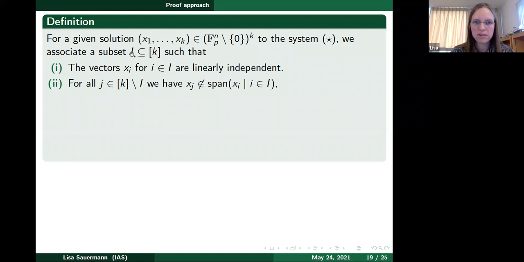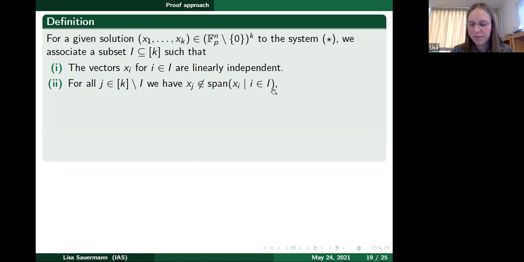Our associated set I for the solution should be such that the vectors xi for i in I are linearly independent, but for any j outside I, xj is not in the span of these xi's. So the vectors xi for i in I are linearly independent, but all the xj's with j outside I should not be in the span.